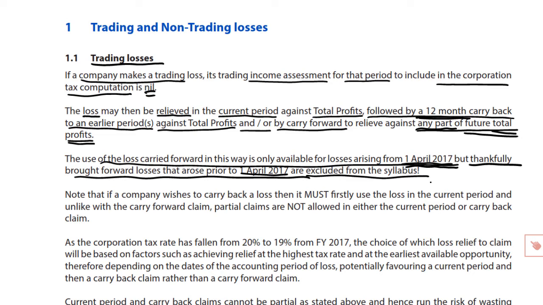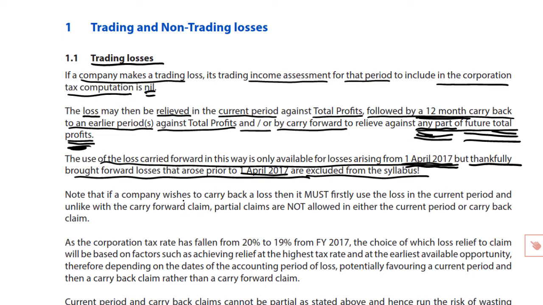So we only have to deal with, and if presented with a loss brought forward in a current accounting period for us in our round of examinations, that loss would have arisen post 1st of April 17 and will be used in the way prescribed. Any such trading loss brought forward may then go against any part of the future total profits here.